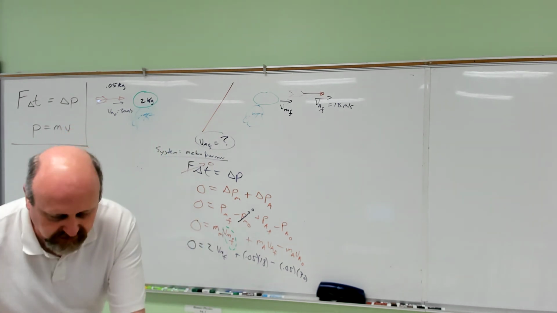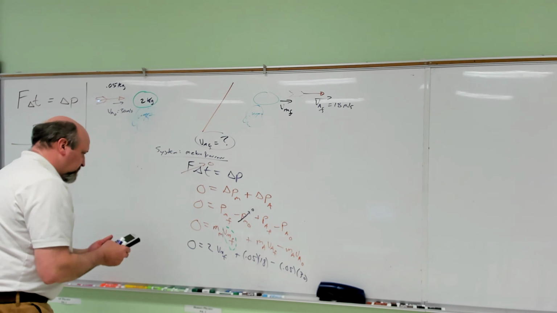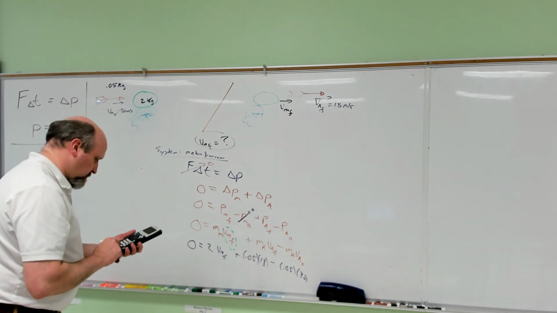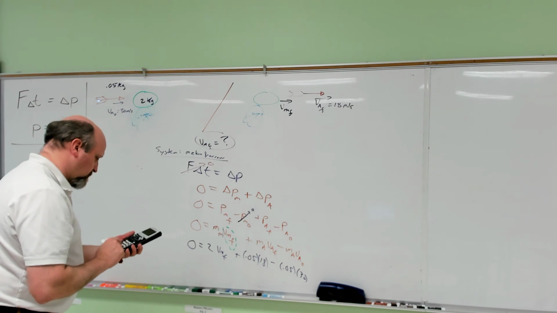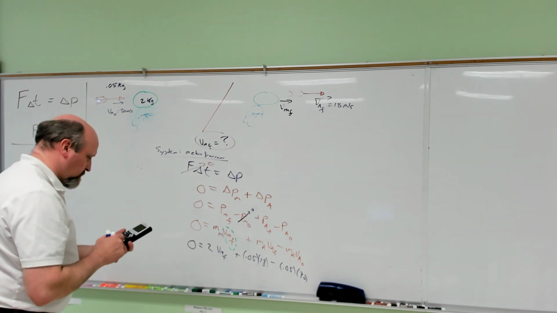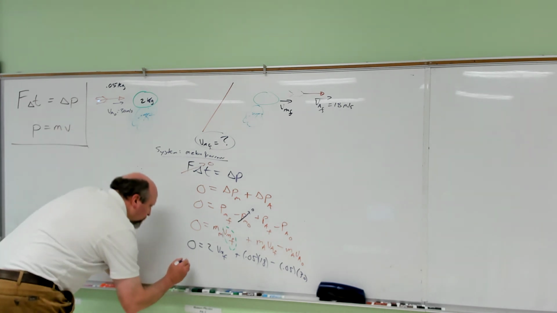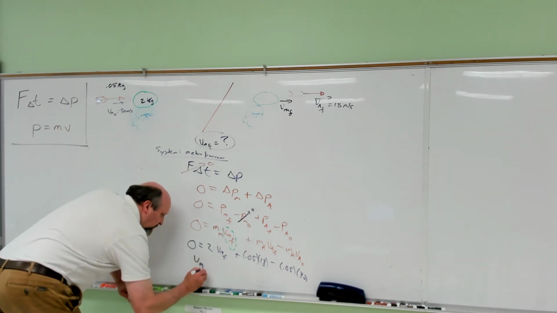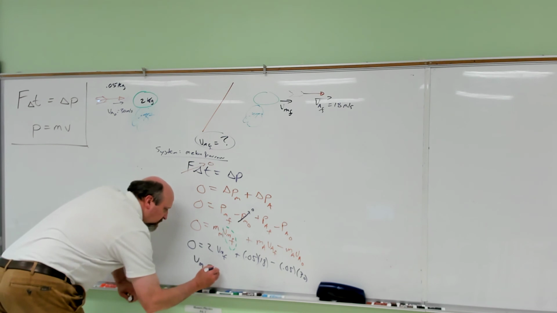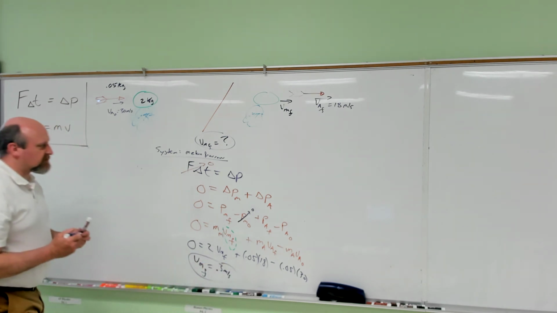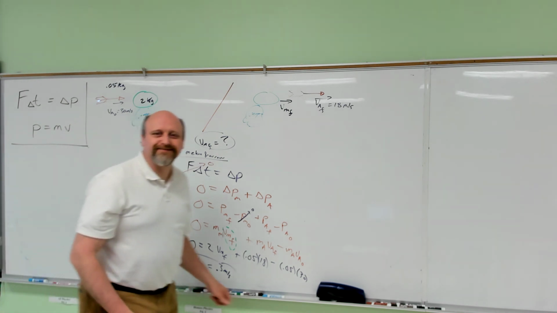Just punch the calculator. So when I go ahead and do the calculation, I'm going to end up with the velocity of the melon at the end to be 0.3 meters per second. And that's my answer. Oh, that was quick. That was problem 7.